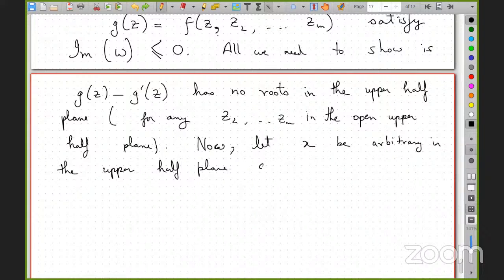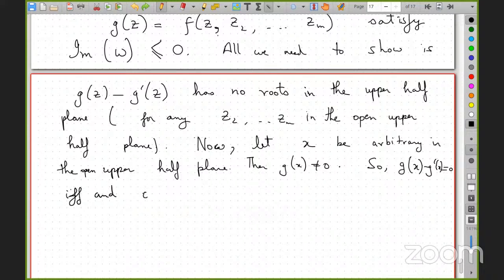Then g(x) is not equal to 0. So g(x) minus g'(x) equals 0 if and only if 1 minus g'(x) over g(x) equals 0.